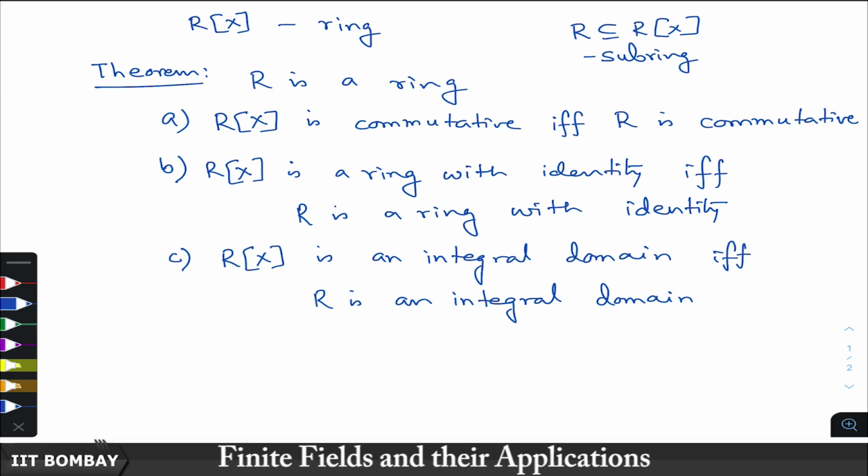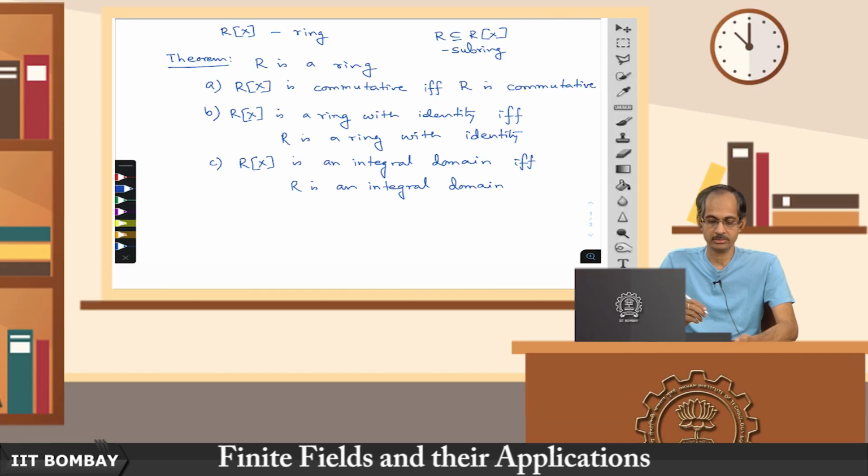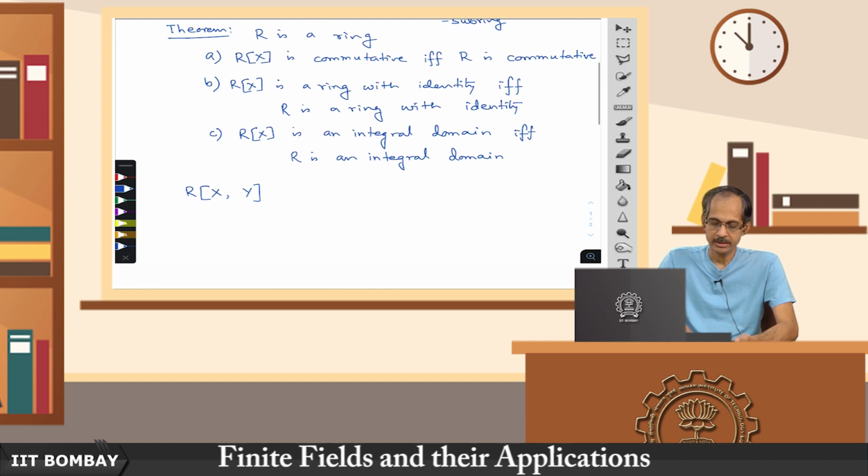Now, so far we have defined polynomials over a ring in one variable. One can extend this definition to polynomials over multiple variables. For example, if you have x and y, two variables, then one can define R[x,y] as the set of all polynomials in two variables. Now, what does it mean?